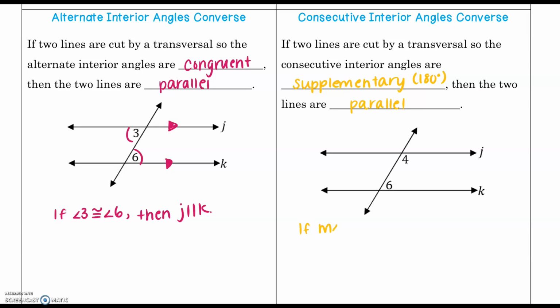So if the measure of angle 4 plus the measure of angle 6 is equal to 180 degrees, then we can say J is parallel to K. So let's say angle 4 is 100 degrees and angle 6 is 80 degrees. 100 plus 80 is 180. So we know angles 4 and 6 are supplementary. We can then say line J is parallel to line K.